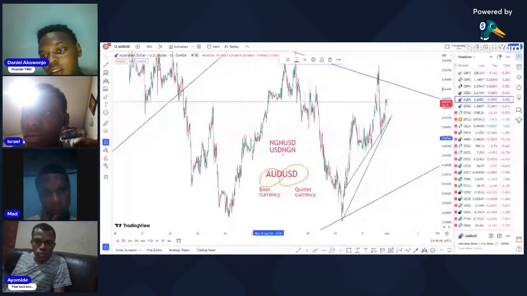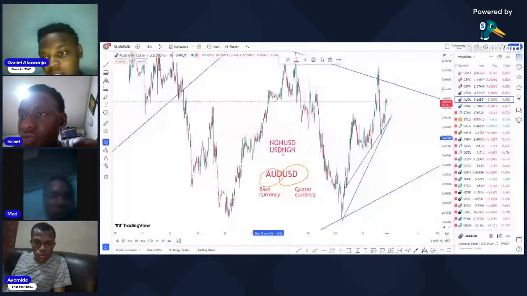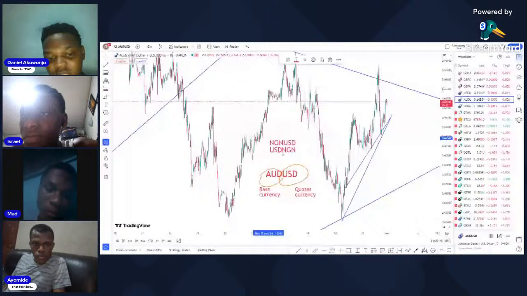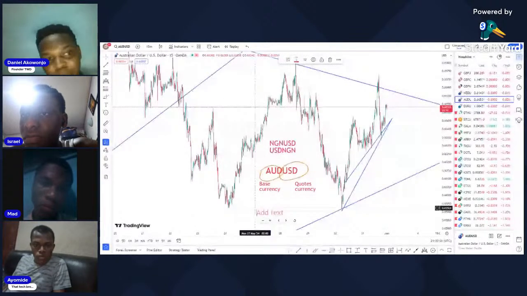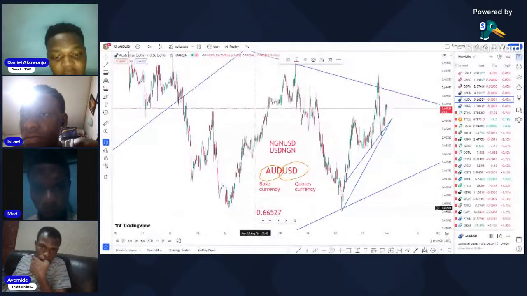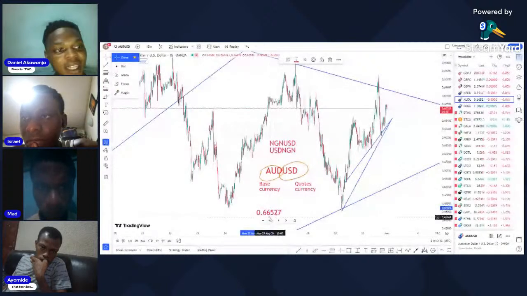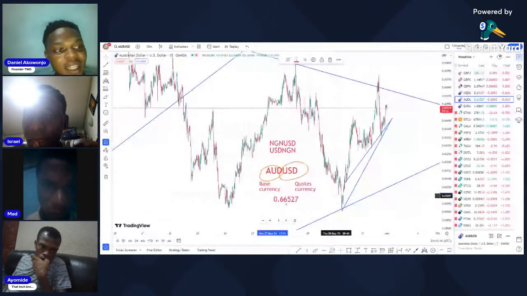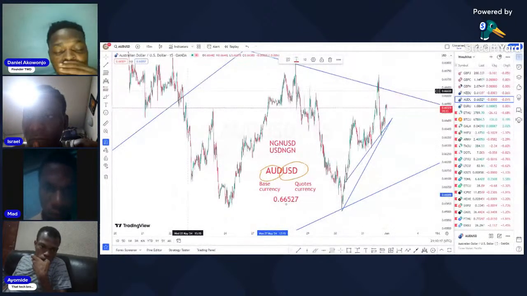Let me just take one of these numbers. Let's say price is currently at 0.66527. What does this price mean? This is the AUD USD chart.